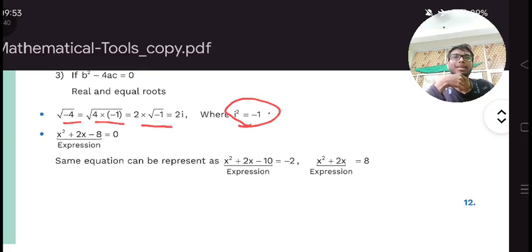The value of i square is minus 1. Here you can see minus 4 is the value of the discriminant, and it is less than 0. That's why we will get imaginary roots. That will be 2, minus 1, and minus 1 is just i square.